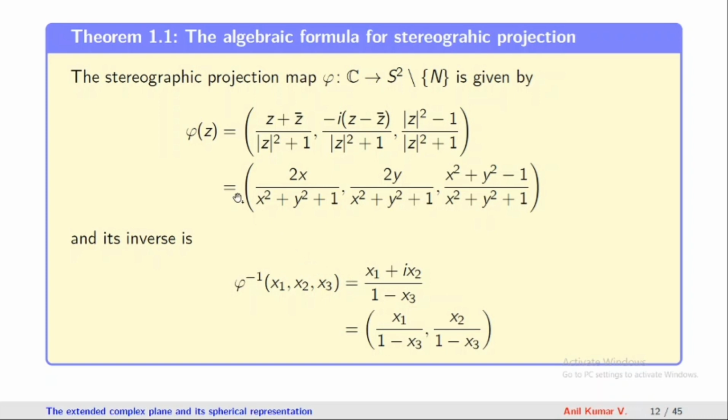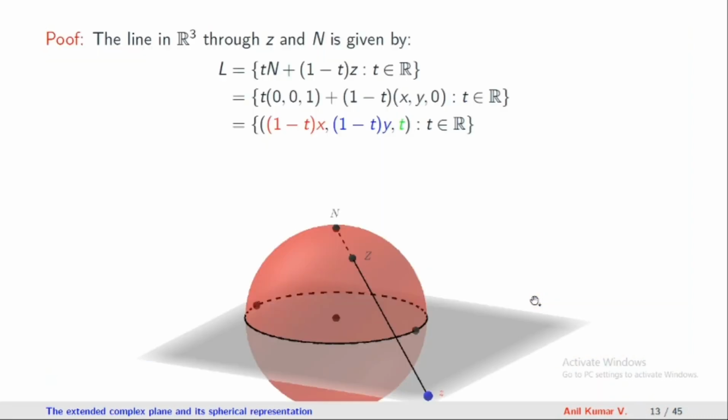Moreover, the inverse of this stereographic projection is given by phi inverse of (x1, x2, x3) is equal to the ordered pair (x1 divided by 1 minus x3, x2 divided by 1 minus x3). Let us go to the proof of this theorem.